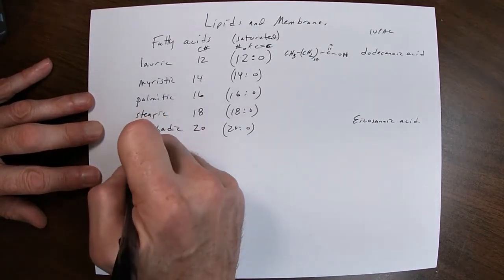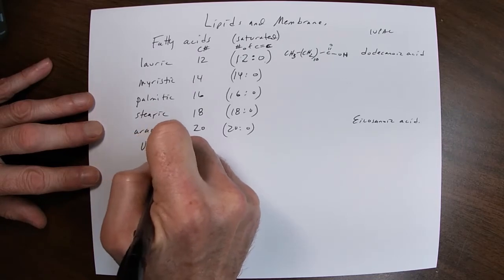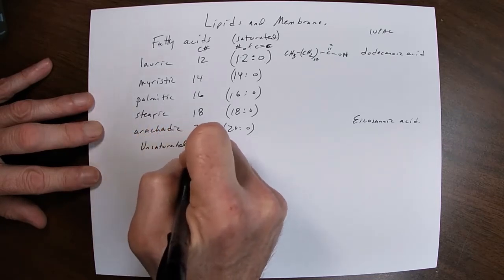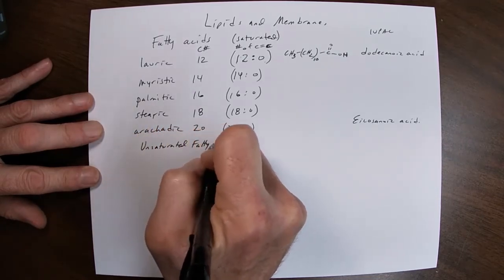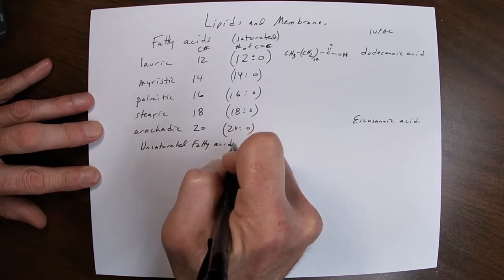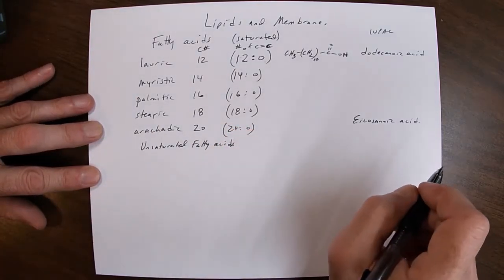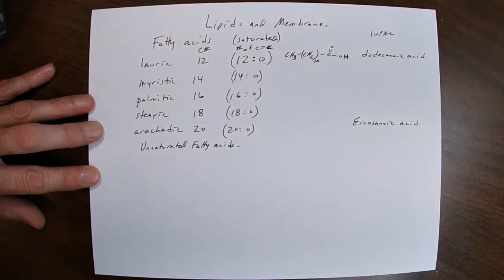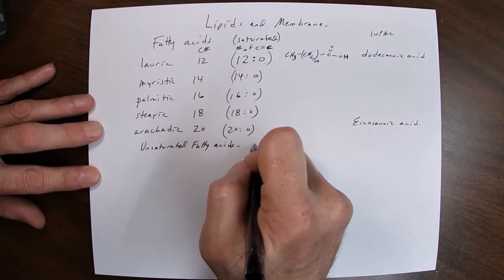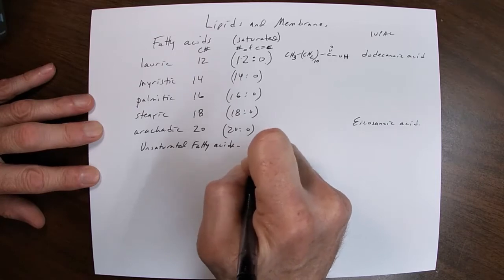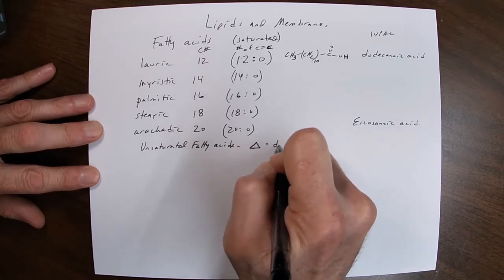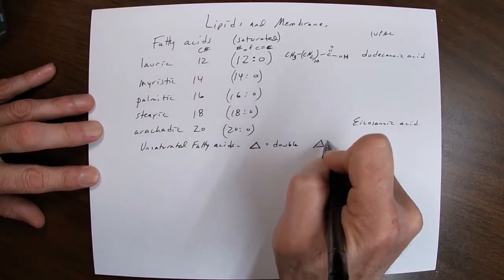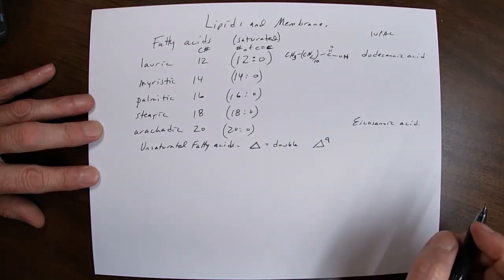Unsaturated fatty acids. Okay, this list can be quite extensive. Generally, if you have an unsaturated fatty acid, this double bond, we show that as a delta, so delta means double bond. So usually it's at the 9 position.